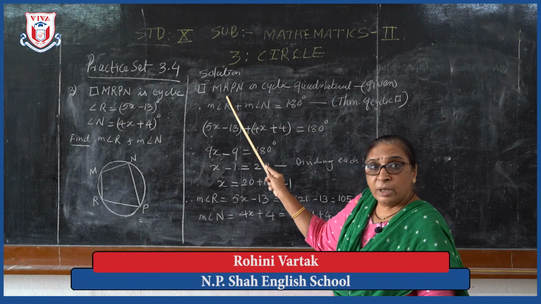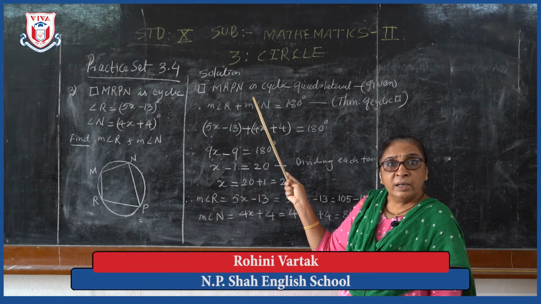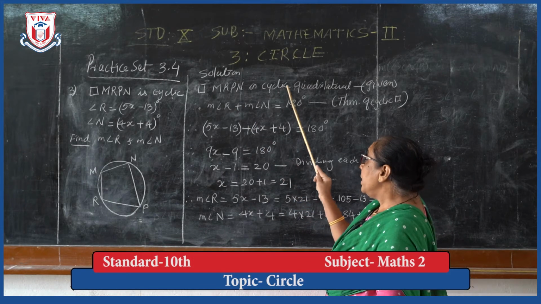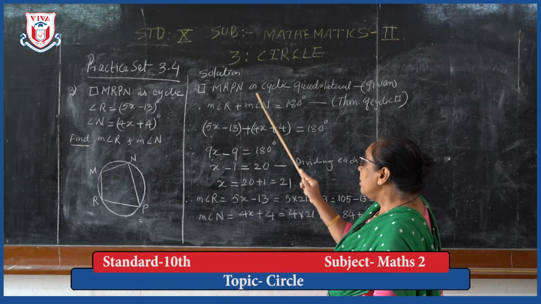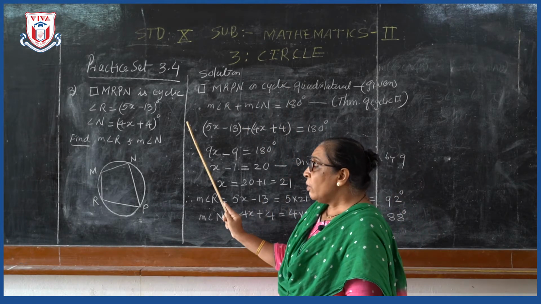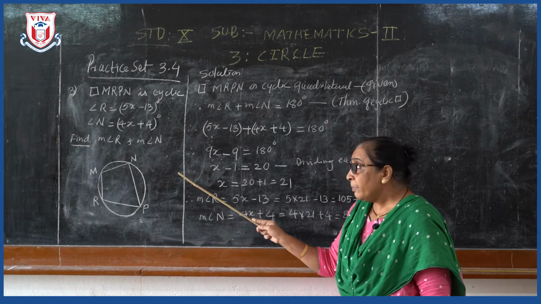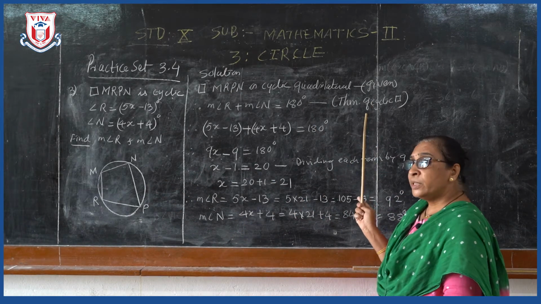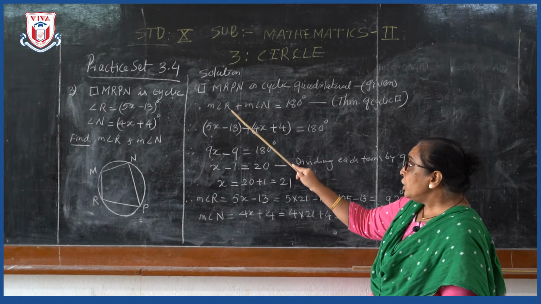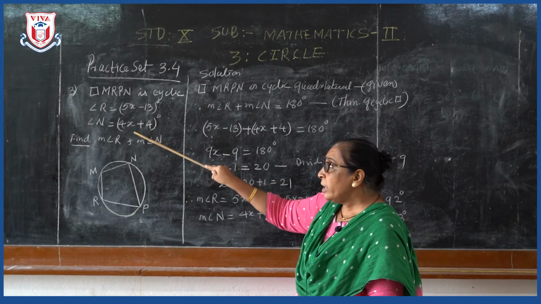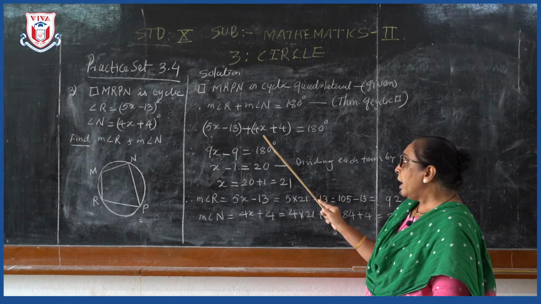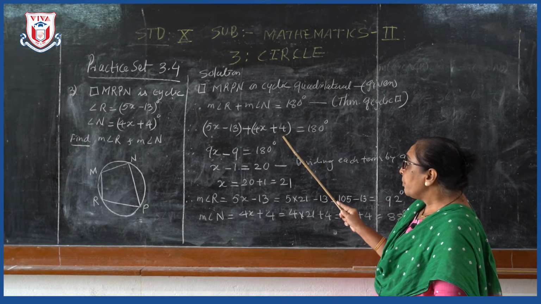So here in the solution we can write the first statement which is given to us. Quadrilateral MRPN is cyclic quadrilateral, given. Measure of angle R plus measure of angle N will be equal to 180 degree. Why? By using theorem of cyclic quadrilateral. Now see here, measures of angle R and N are already given to us, that are 5x minus 13 and 4x plus 4.